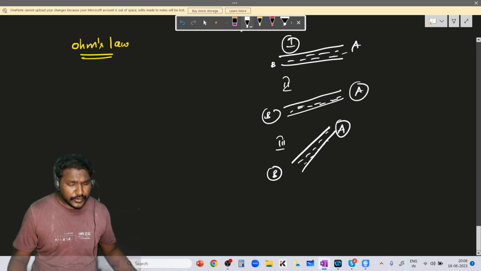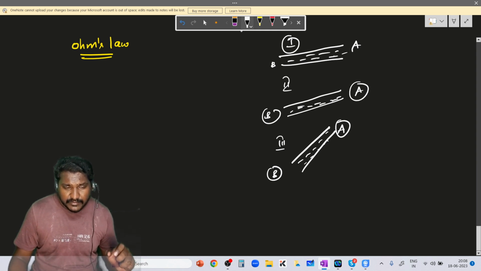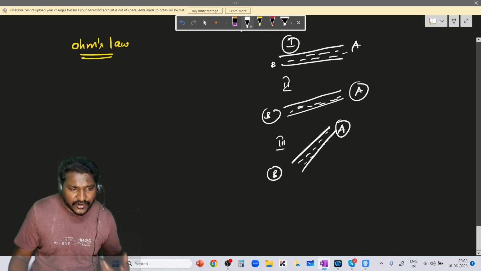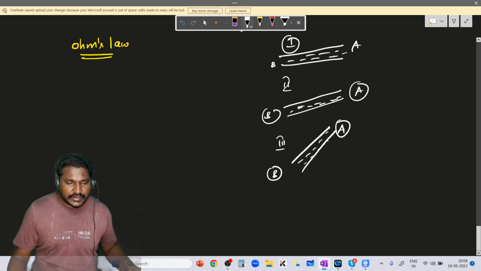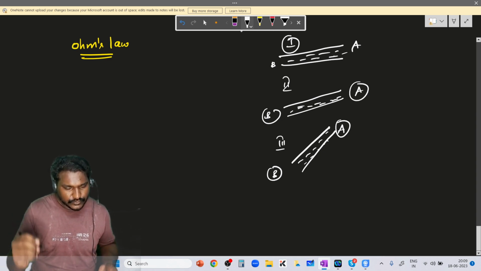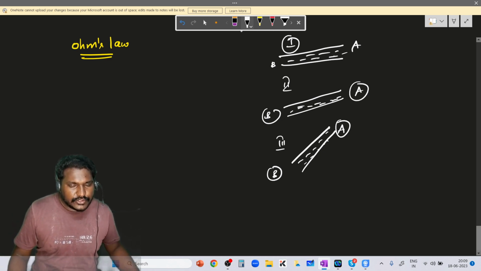Now, can you tell me in which case there will be more flow of water? Is it case 1, case 2, or case 3? Case 3. Yes. In case 3 there will be more flow of water because of more level difference. As I told you, water will always flow from a higher energy point to a lower energy point.